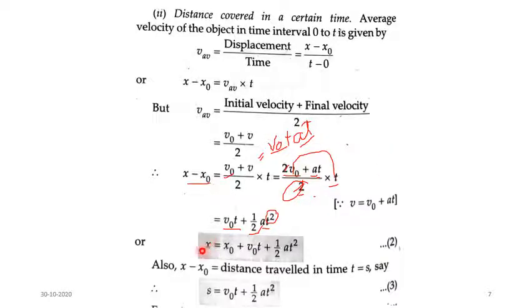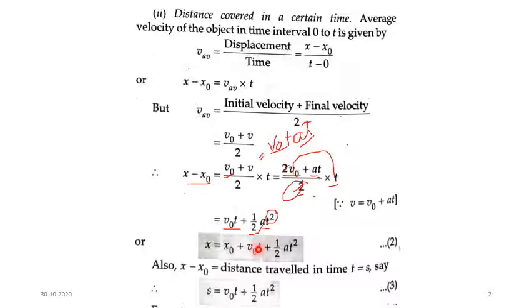Or if I have to find out your final position x, then I can write x naught plus v naught t plus half at square. Now this equation is your position time relation, because this equation relates the position of the object with time.